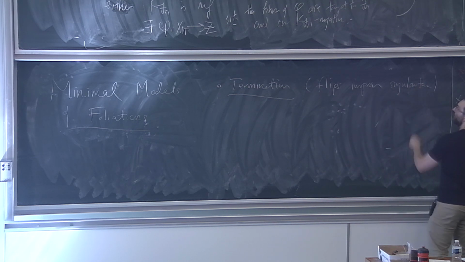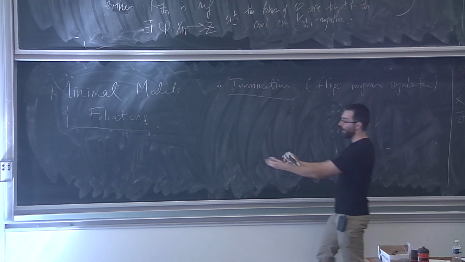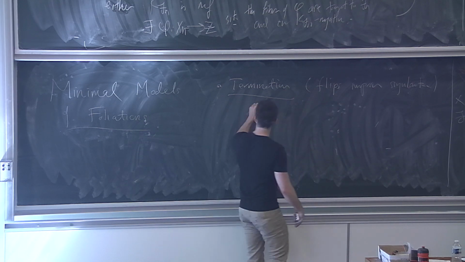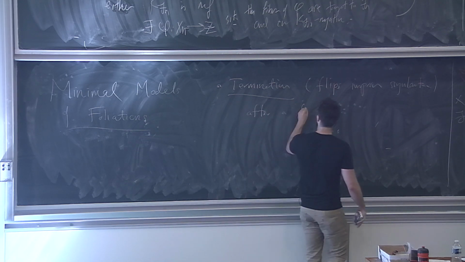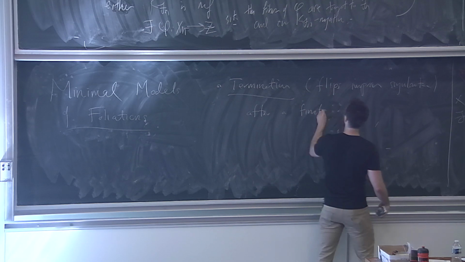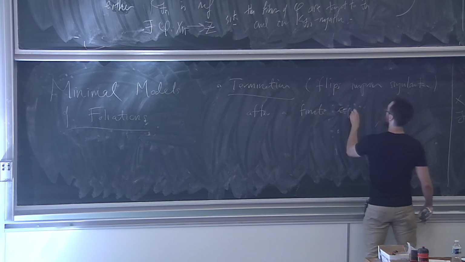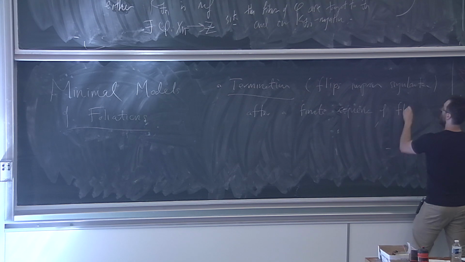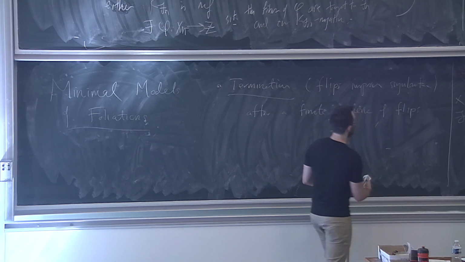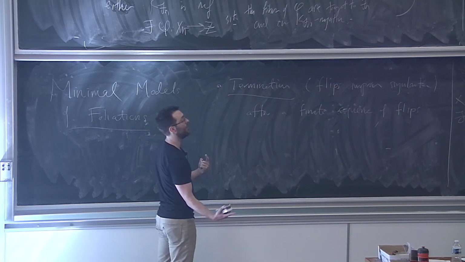And so what you can observe is that after a finite sequence of flips, every flipping curve will be disjoint from the singular locus of the foliation.